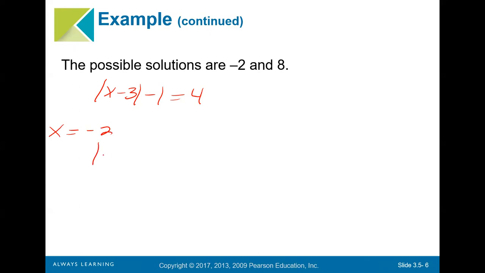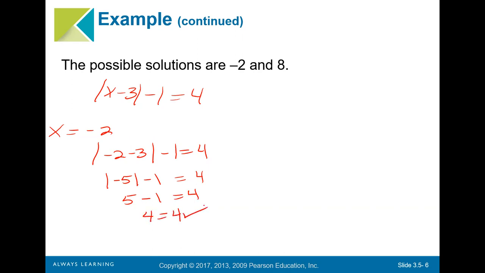So I got the absolute value of -2 minus 3, minus 1, is equal to 4. So this gives me what? The absolute value of -5, minus 1, is equal to 4. The absolute value of -5 is 5. It's positive, right? When you pull it out of the absolute value, it becomes positive. And then 5 minus 1 is 4. Oh, perfect. That one works.